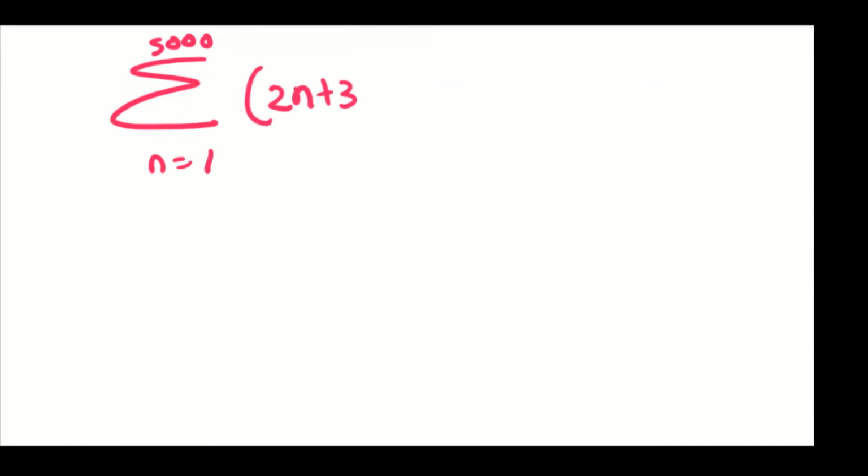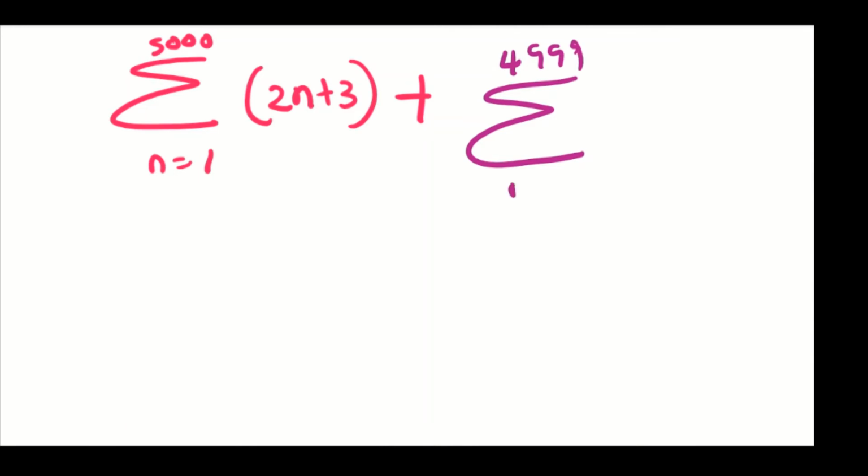We're having the sum from n equals 1 to 5,000 of 2n plus 3, and this sum is added with the sum from n equals 1 to 4999 of (2n minus 1). So this is the sum.